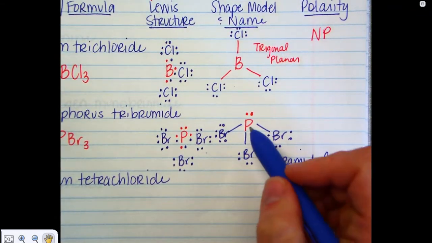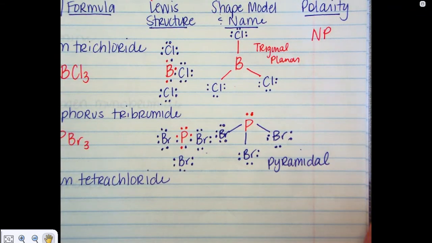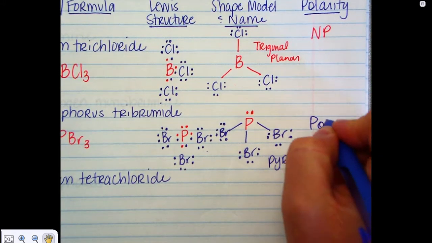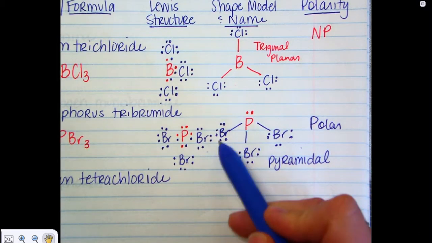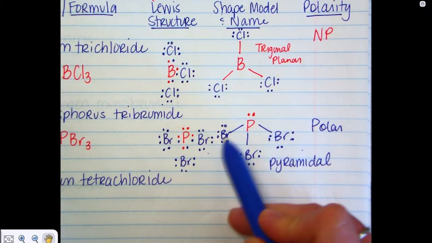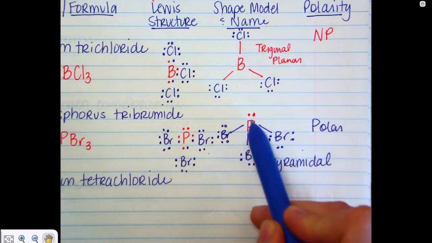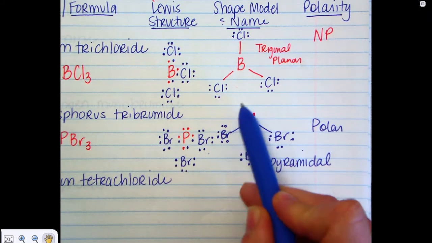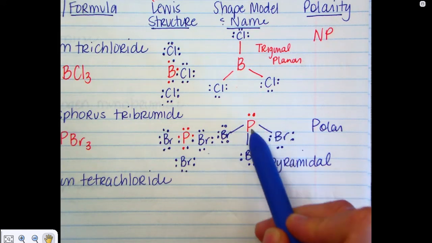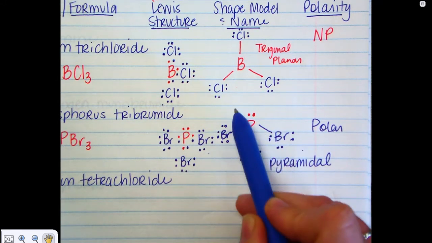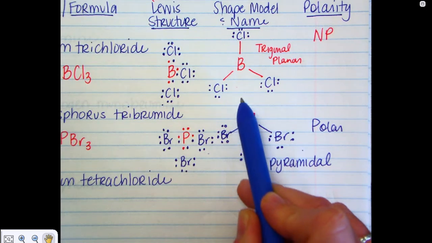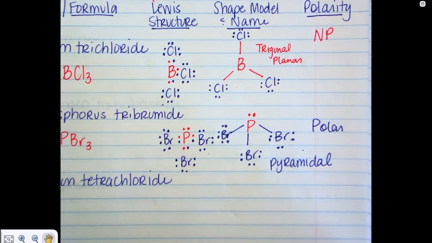And because I have that unshared pair of electrons on the top, this is going to have a polar characteristic. All 3 of these bromines are going to pull equally on the electron in the bond with the phosphorus, but this unshared pair of electrons has a strong pull. And so we're going to actually see that there is a polar moment with this unshared pair of electrons.